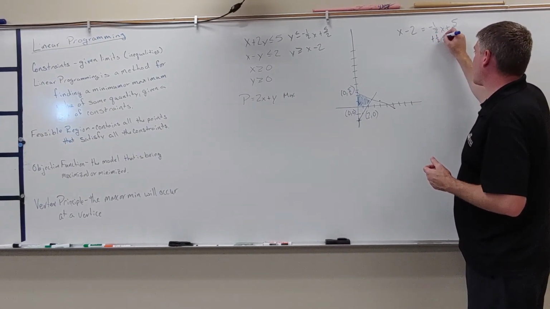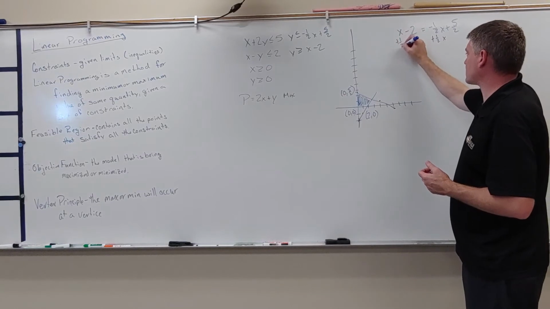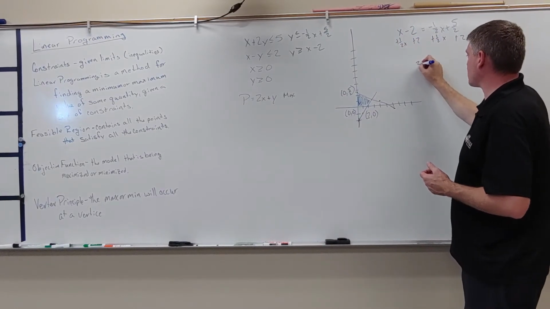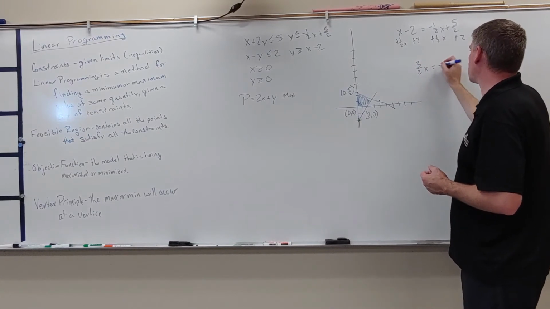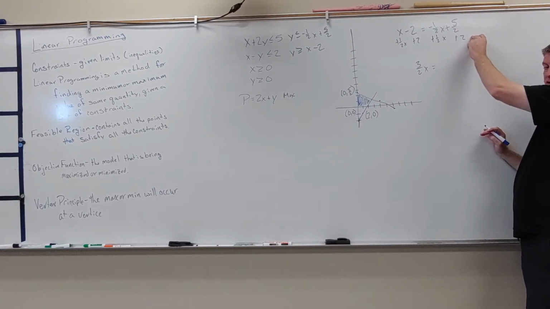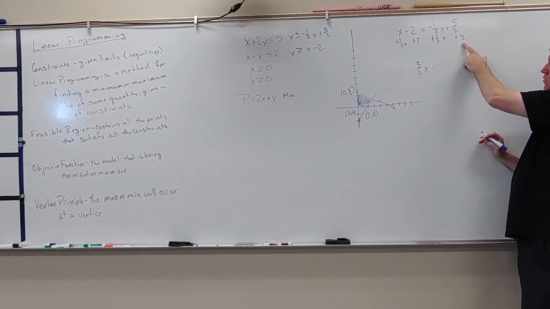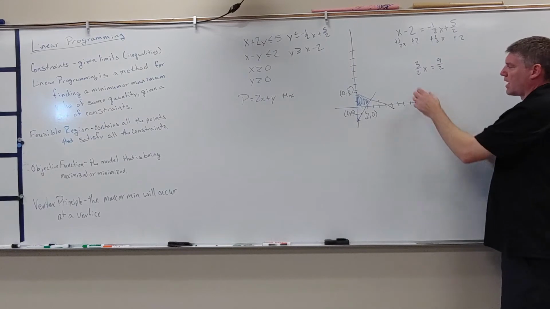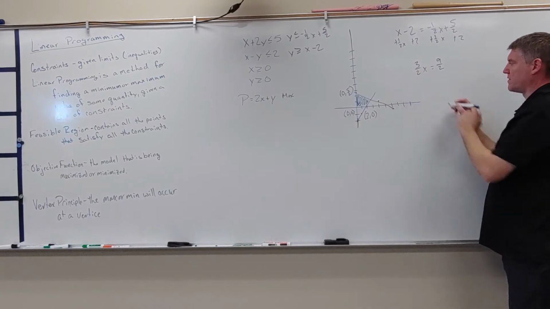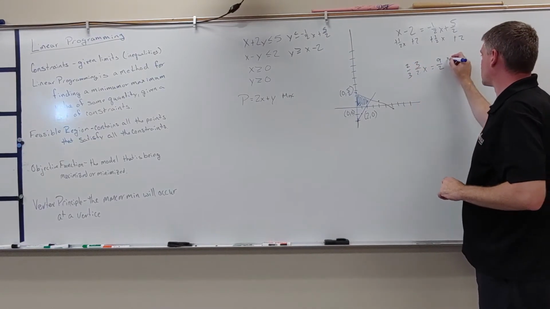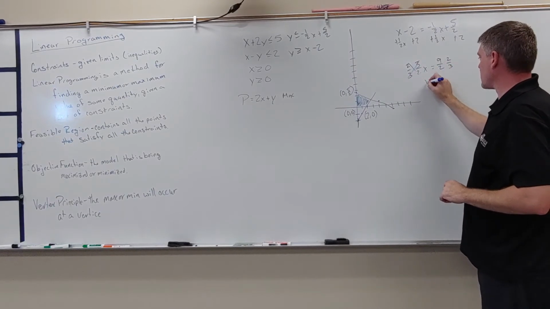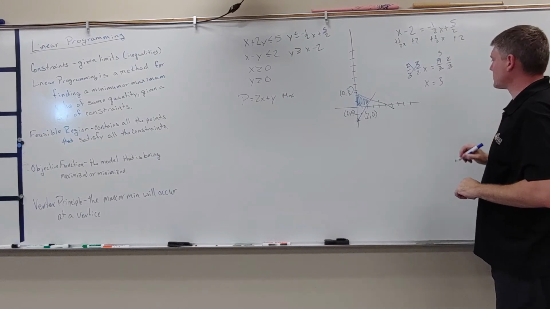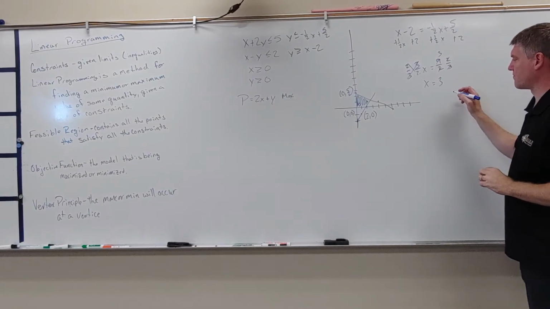I'm just going to add 1/2 x to both sides and add 2 to both sides. This gives me 3/2 x equals 5/2 plus 2, and remember, 2 is 4/2, so this gives me 9/2. I'm now going to multiply by 2/3, so that cancels out and gives me 1 and 3. So x is equal to 3.